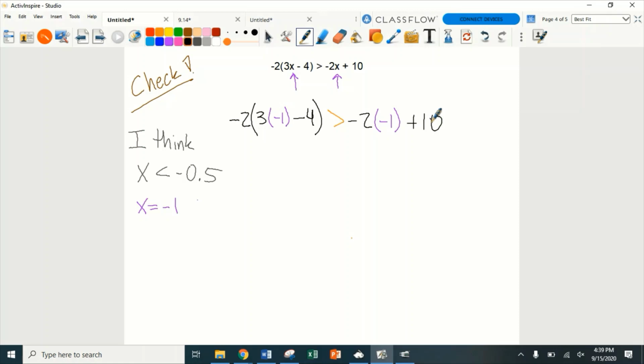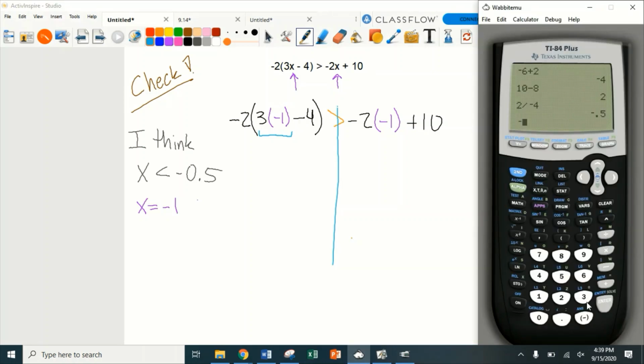So here's where I'm going to go to my calculator. I'm going to look at the left side first and simplify it all the way down. Our order of operations, or PEMDAS, tells us to start inside of these parentheses, and we're going to start with our multiplication. 3 times -1 gives me -3.